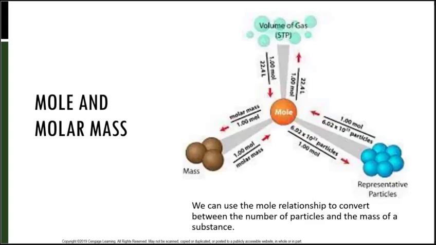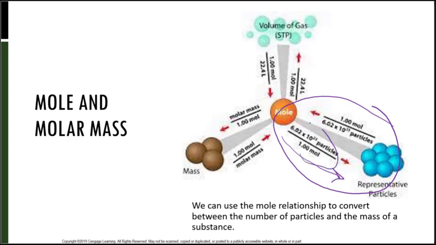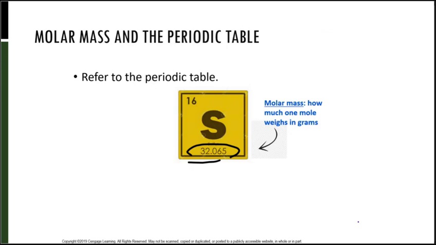All right, so what we have just been working on is this section here, going from moles to particles using this conversion factor, going from particles to moles using this conversion factor, knowing that 1 mole is 6.02 times 10 to the 23rd. Now, we can also use a mole relationship to go to the mass of a substance.